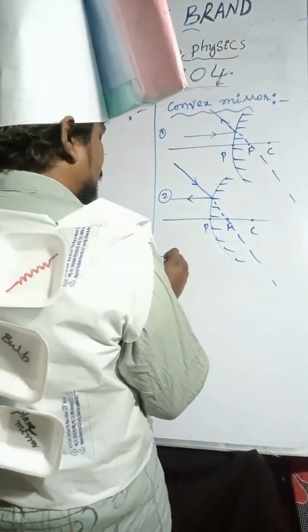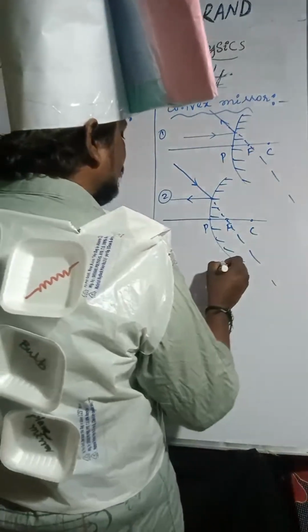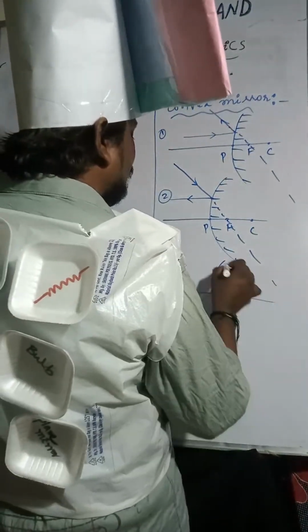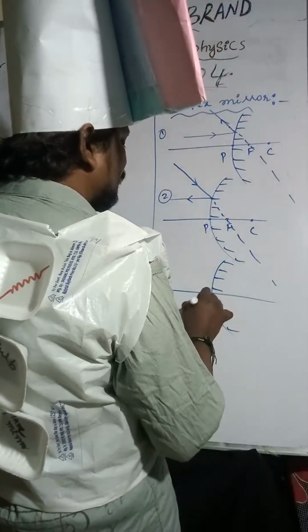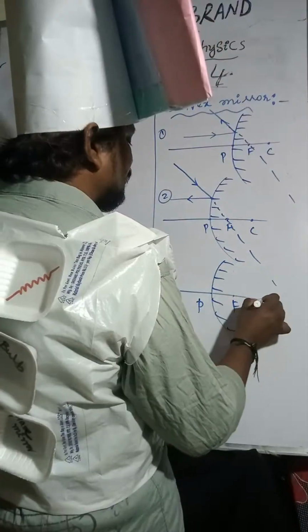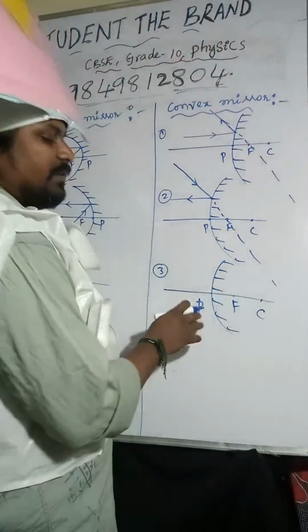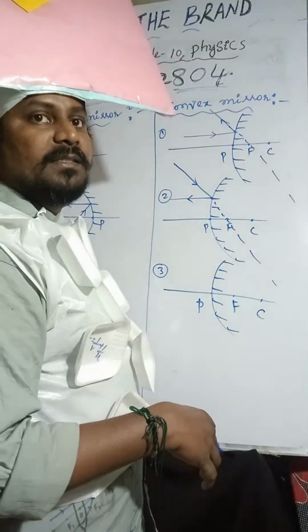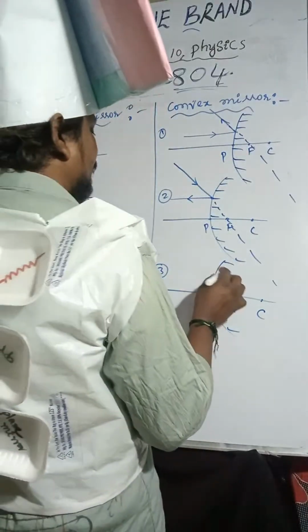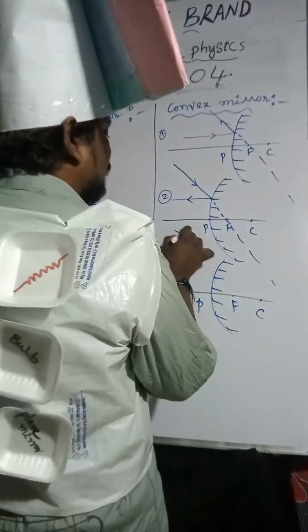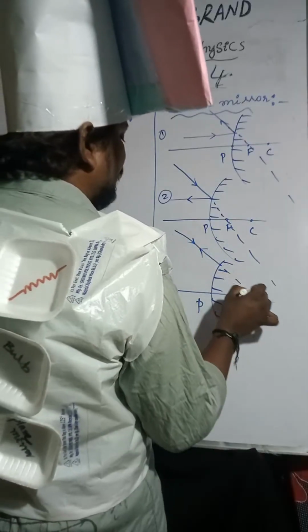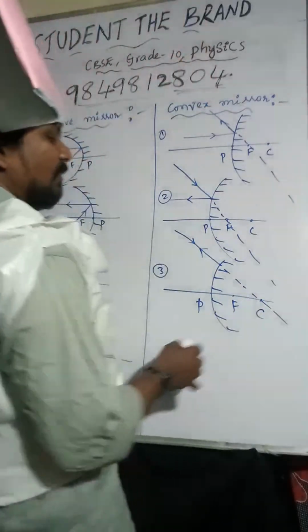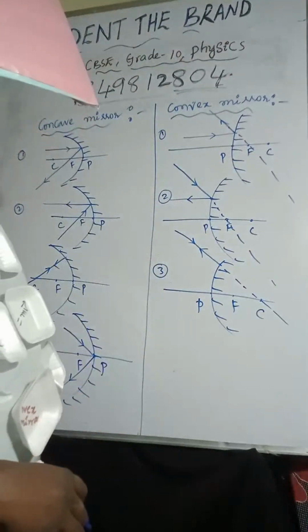And coming to the third one: pole, focus and center of curvature. The light ray is passing through the center of curvature. After reflection, it retraces its original path.